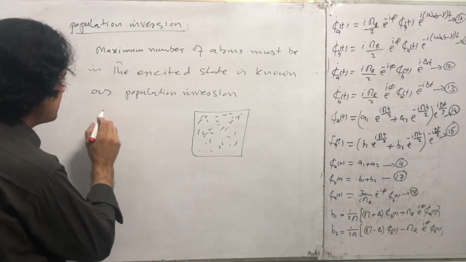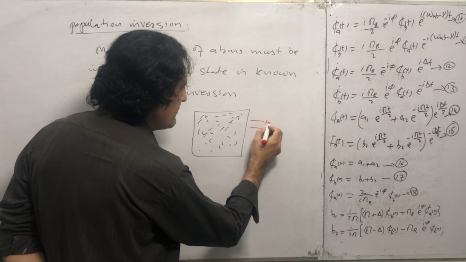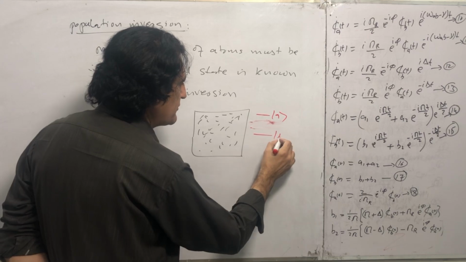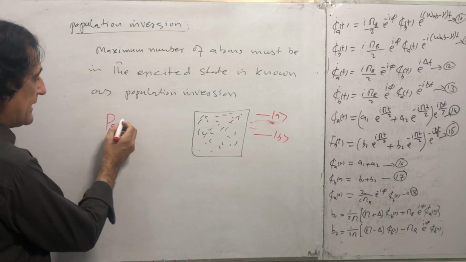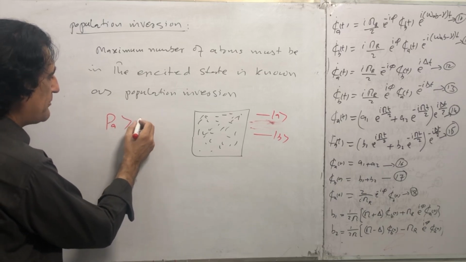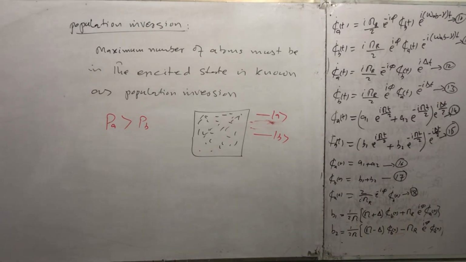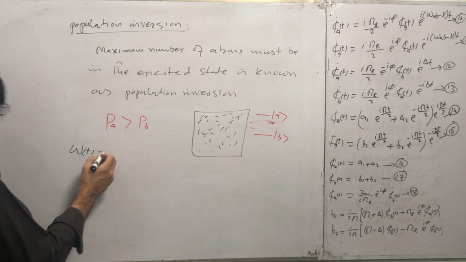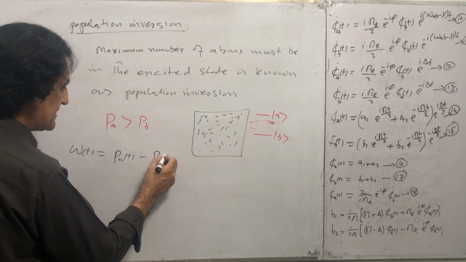It means that, if this is a system with excited state A and ground state B, then the probability of state A is greater than the probability of the atom in state B. So if I represent the population inversion as W, then it must be equal to P_A(t) minus P_B(t).